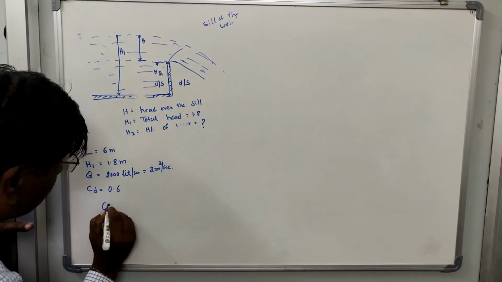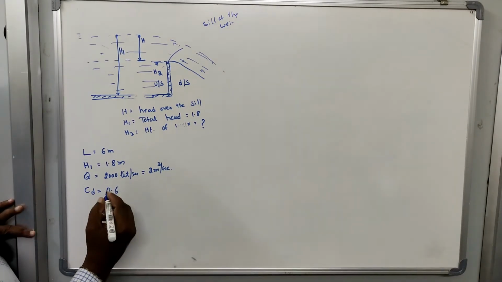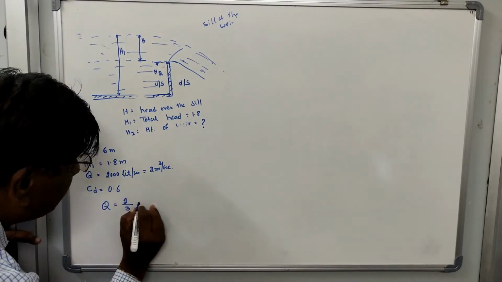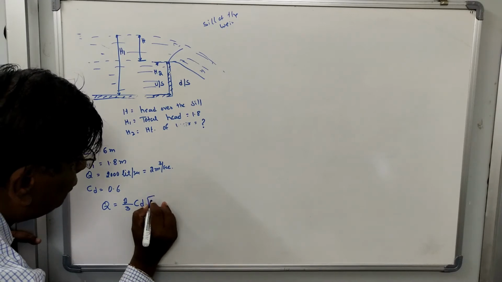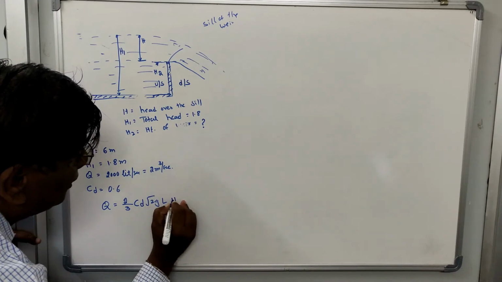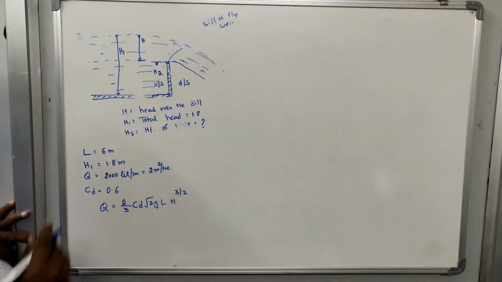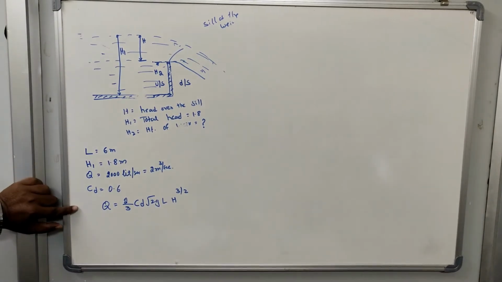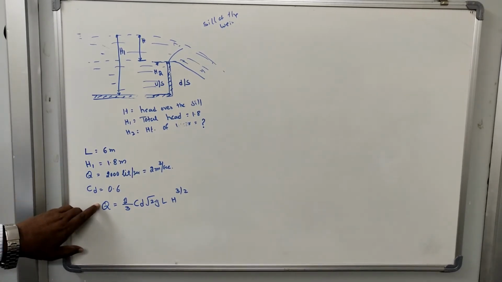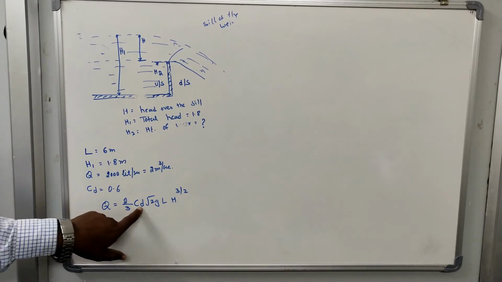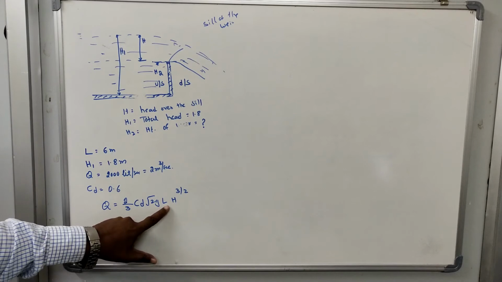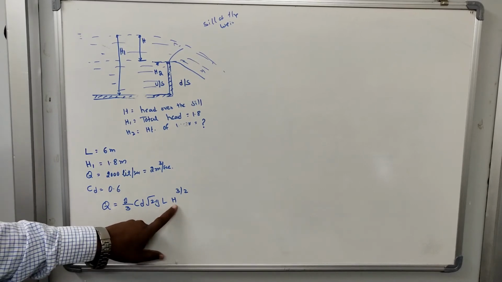Now you can use the discharge equation for the rectangular weir or rectangular notch, both are the same: Q equals 2/3 CD root 2g L H raised to 3/2. Observe this equation. Q is given, coefficient of discharge is given, g is known, that is acceleration due to gravity, L is length, also known. Only H is unknown.